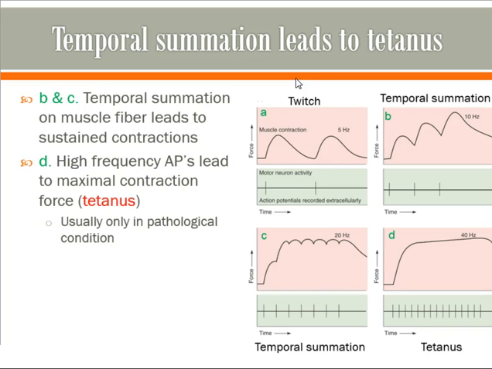That's to contrast with true tetanus, which we don't usually see, where if we increase the frequency of stimulation even higher, then there's literally no opportunity to relax at all in between stimulations by the motor neuron. And so you get this huge amount of contractile force.